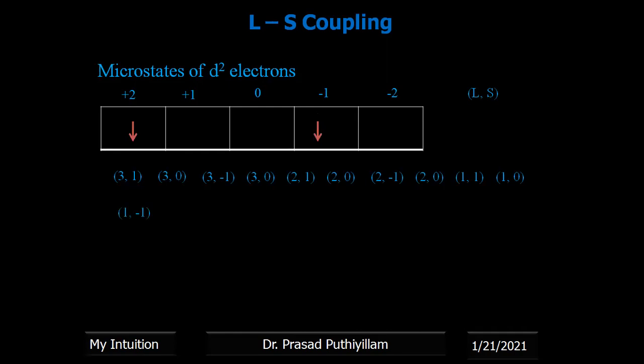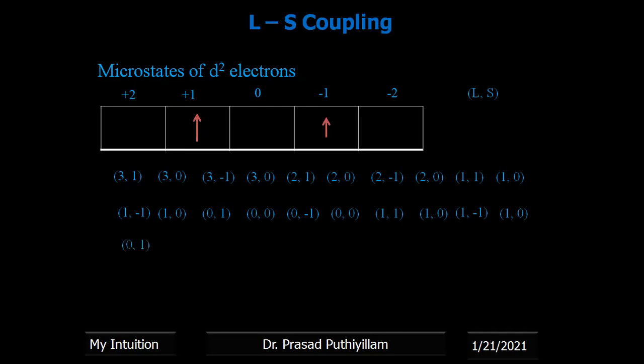Now the next arrangement, 1 minus 1, 1 0, 0 1, 0 0, 0 minus 1, 0 0, 1 1, 1 0, 1 minus 1, 1 0, 0 1.